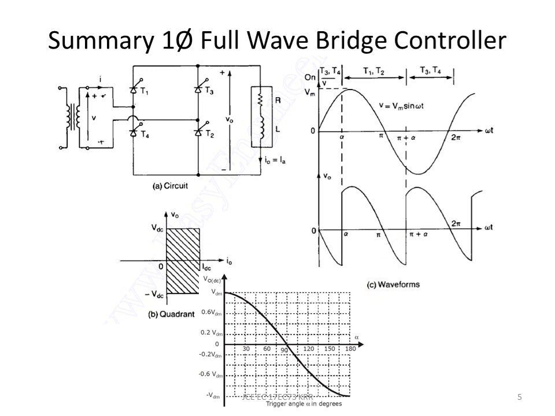And hence we saw this particular graph, which is basically alpha versus the average DC voltage. As long as alpha is less than 90 degrees, the output voltage is always positive. And when alpha is greater than 90 degrees, you are going to get average voltage which is negative.